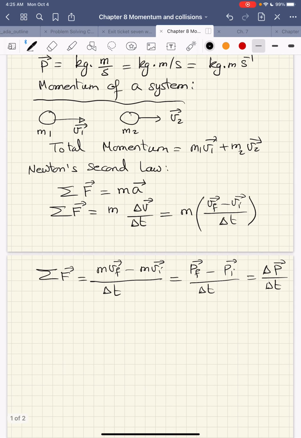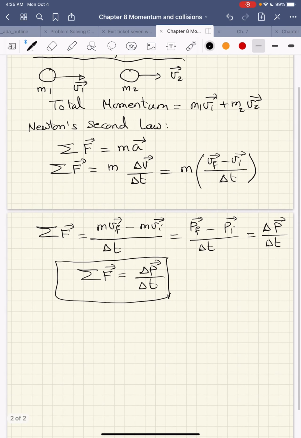And this is really very important. We call it an equivalent statement of Newton's second law.